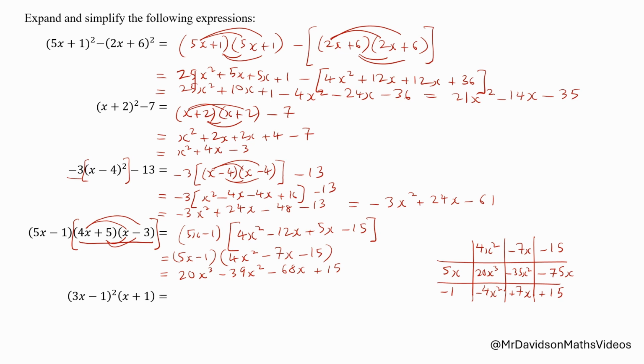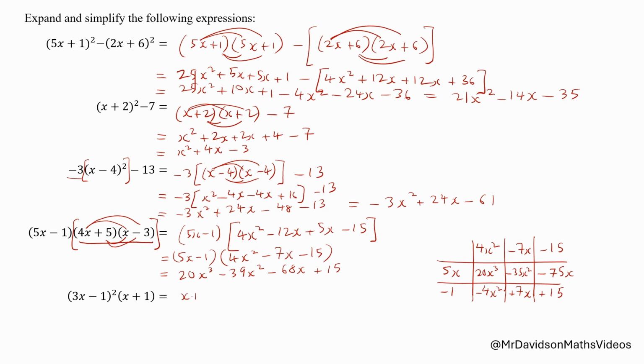And the last one becomes a cubic expression. This 3x minus 1 all squared is a quadratic expression, again multiplied by a linear, which will also give us a cubic. So I'm going to multiply out the quadratic first and then multiply that by x plus 1.